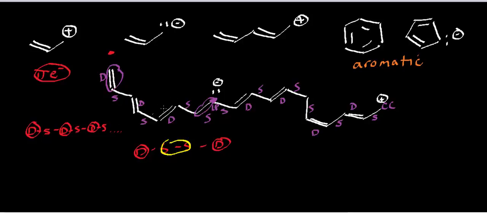Whereas between this double bond and this one, they're only separated by one single bond, the same case as this one and this one. So if you have double, single, double, single, double, and on and on, then the pi electrons in those double bonds are going to be delocalized over each other, and you have resonance through that system.